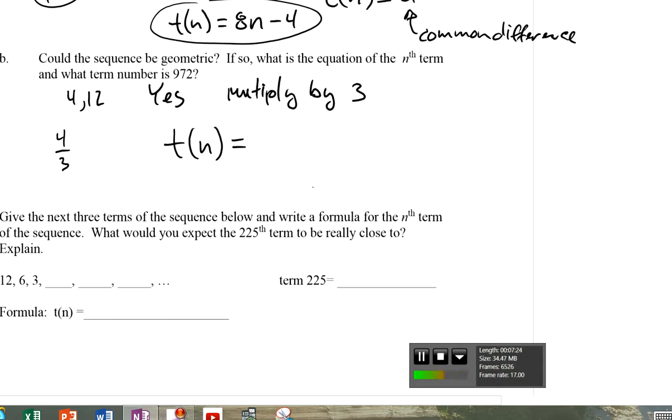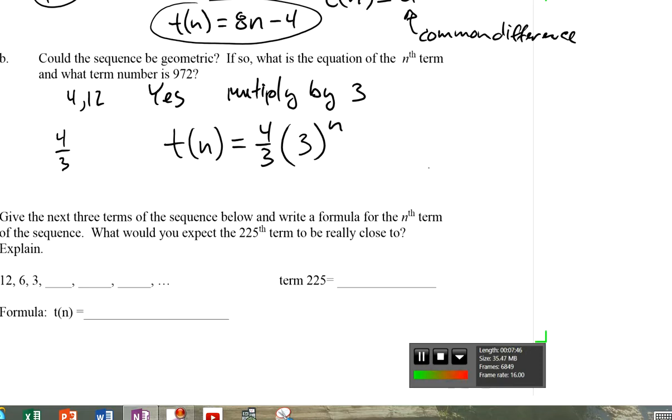What's your 0th term? 4/3. What's your common ratio? 3, and then raised to the nth power. Look, when n is 1, 3 to the first power is 3. What's 3 times 4/3? 4. If I put 1 in there, I get the number 4.